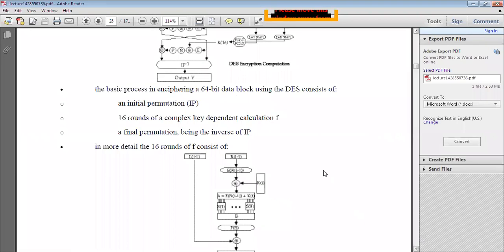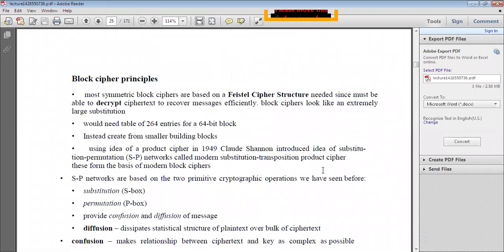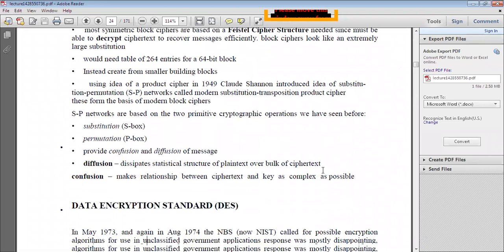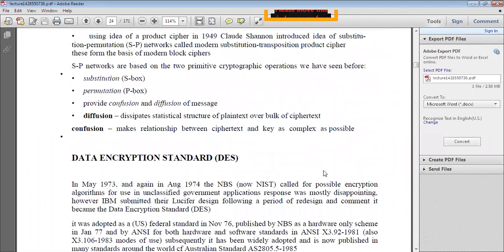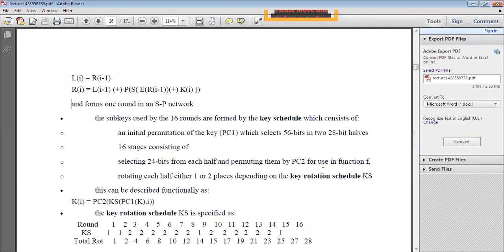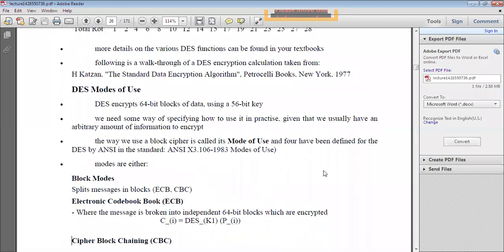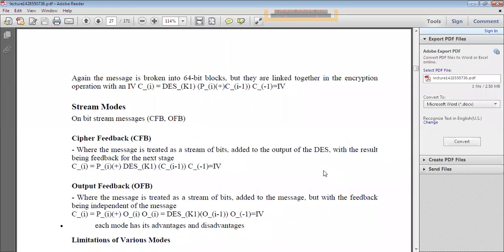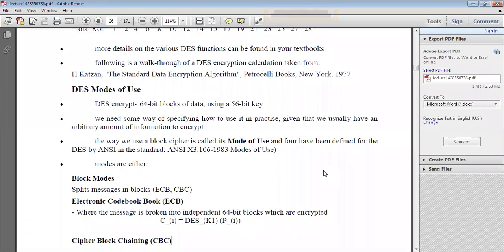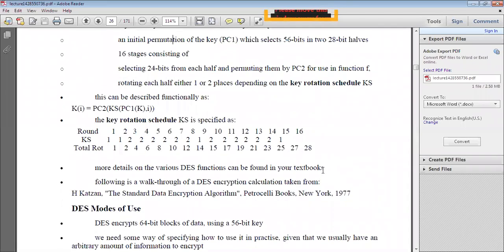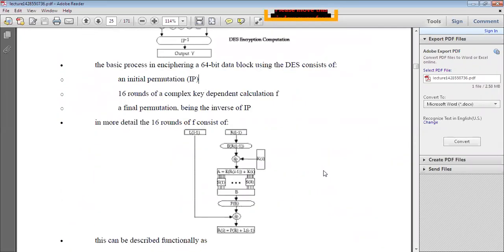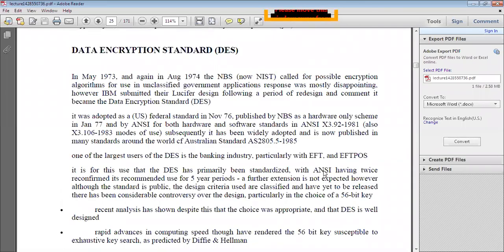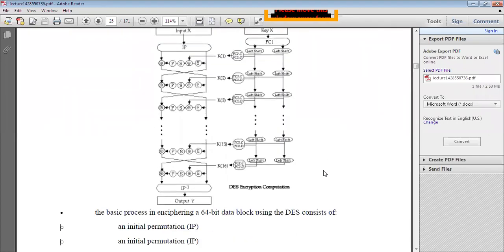Next, we have to see the algorithms. Before discussing these algorithms, data encryption standard, triple DES, DES, AES algorithm, first, this is the data encryption standard algorithm.